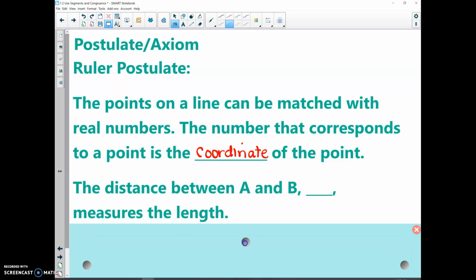The distance between A and B, we label that as AB, measures the length between A and B. And in a second we are going to see what that is talking about. So take a minute and write down this ruler postulate here.